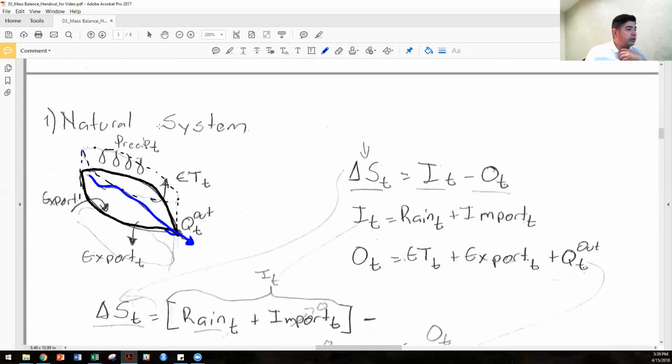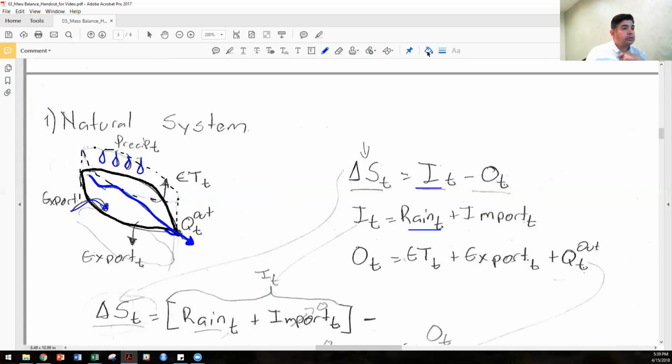So what will be our inflows into this? Let's say that our inflows will be the precipitation, okay? So we're going to have precipitation as our inflows. And perhaps we may have some water that we want to import into the basin.